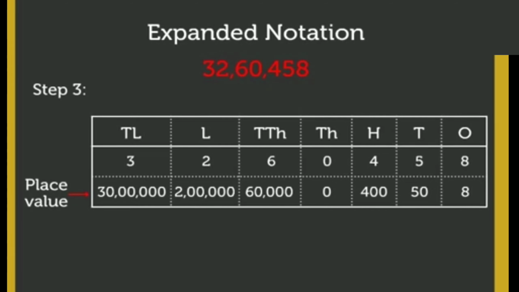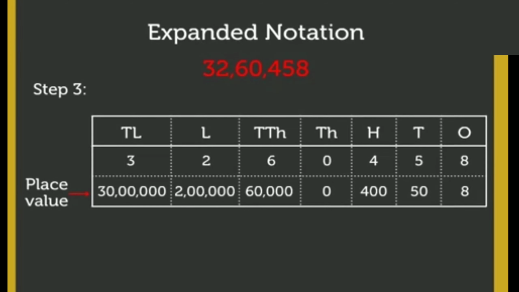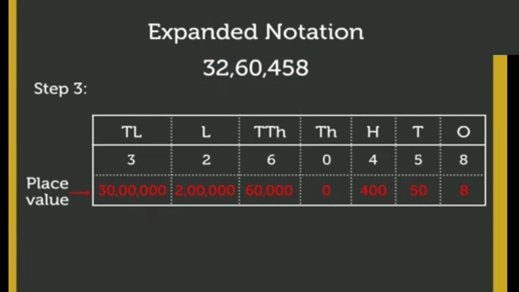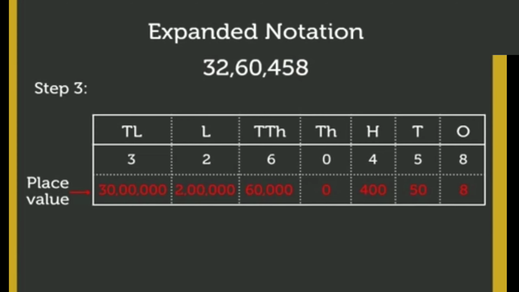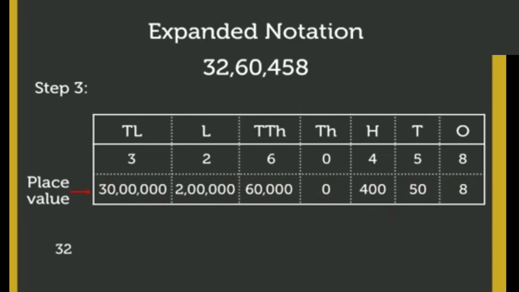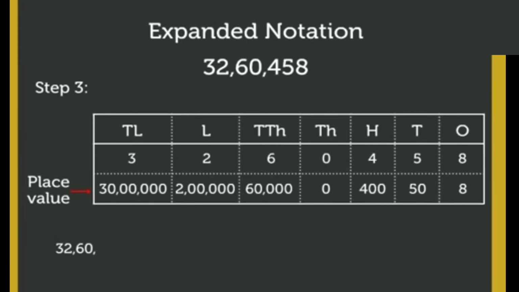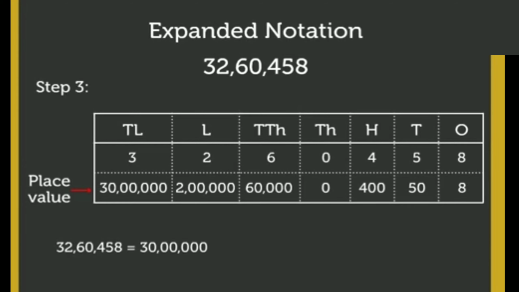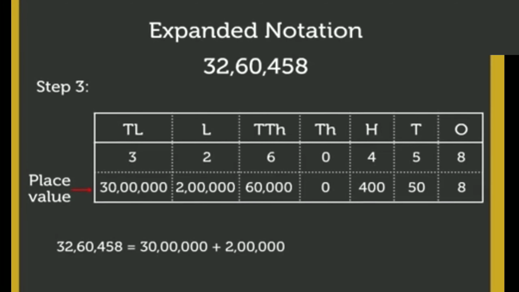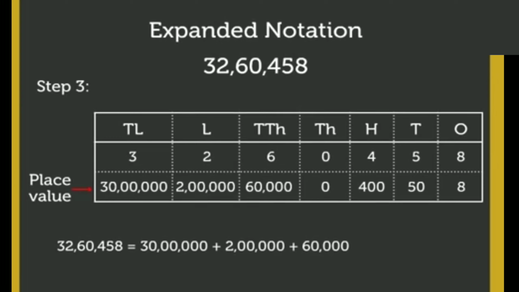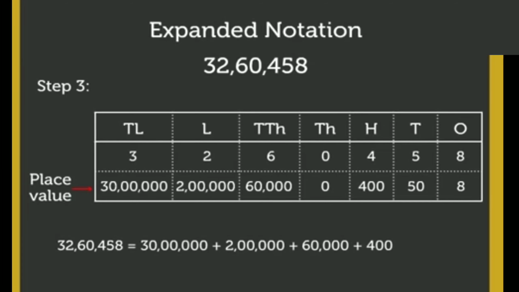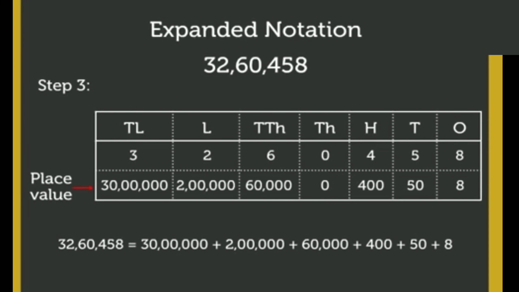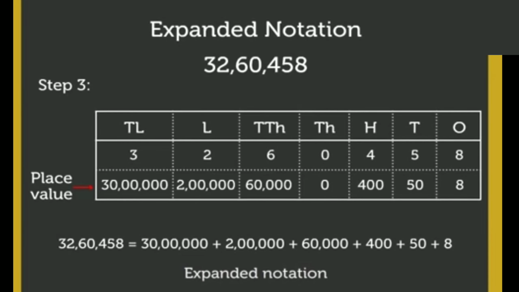Write the number as the sum of the place values of its digits, that is 32,60,458 is equal to 30 lakh plus 2 lakh plus 60,000 plus 400 plus 50 plus 8, which is the expanded notation.